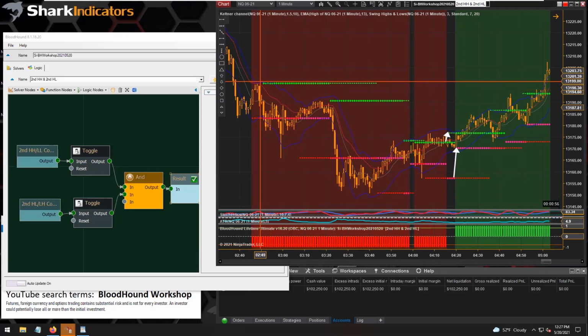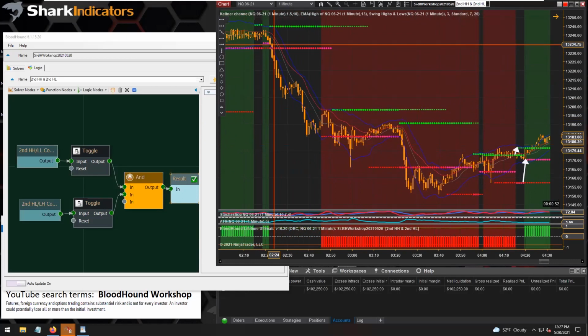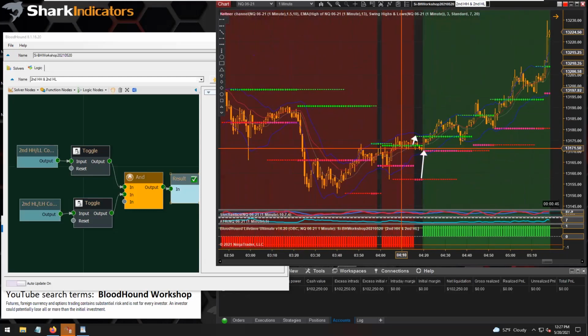So, all right, yep. Back here we have lower lows stepping down and lower highs stepping down. We had this short little break in here because, let's see, we had a lower high and we had a lower high.